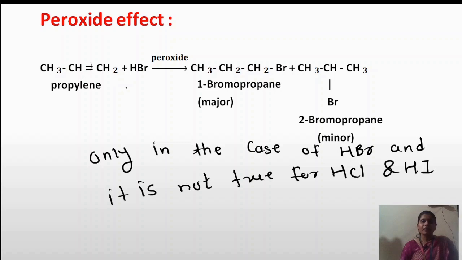Only the bond energy of HBr is sufficient to make a free radical and attack across the double bond. So the peroxide effect is observed only in the case of HBr. So you have to remember this.